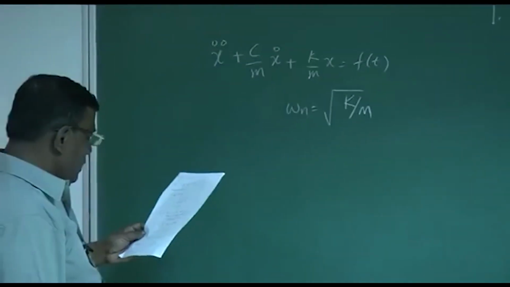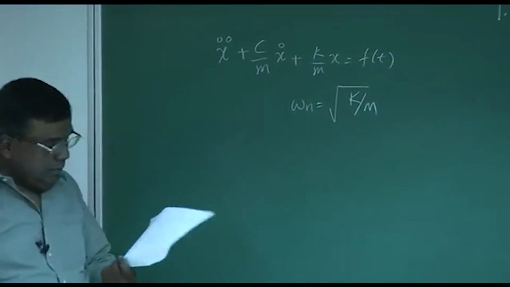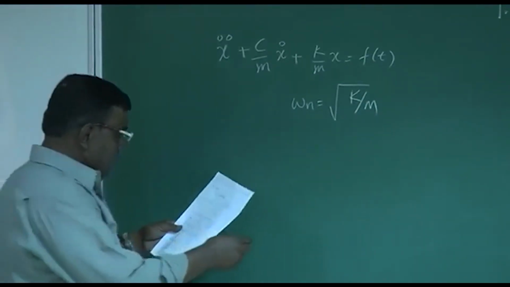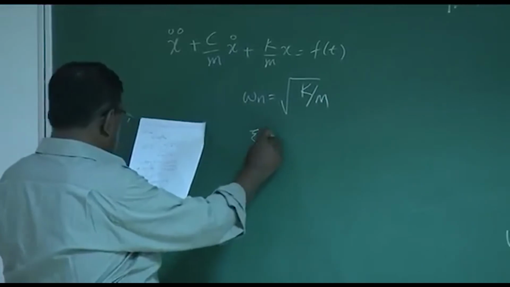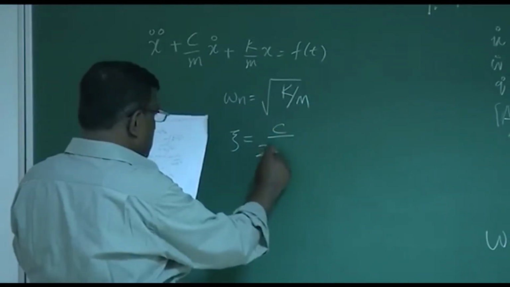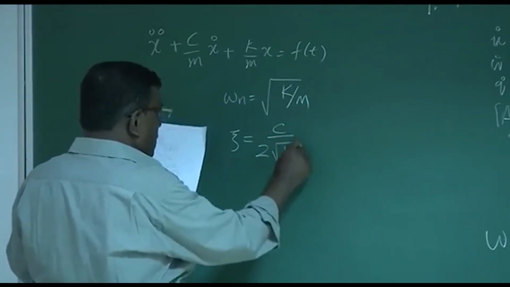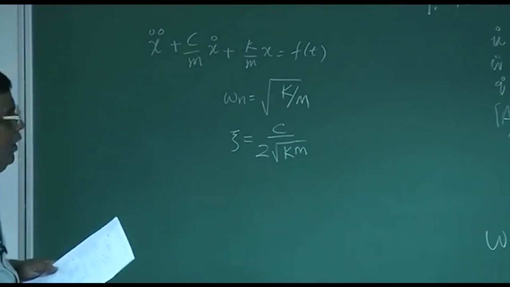And also we are doing one substitution, and that is zeta equal to c by 2 root km. Okay. Zeta is the damping ratio.